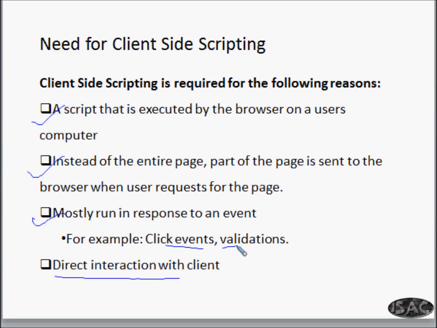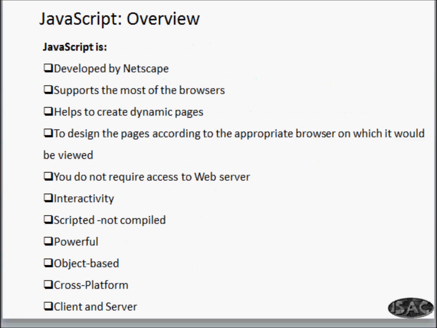So the page has enough code to validate the user's input. These validations we can easily do with JavaScript. And if any events occur on the page, they can also be controlled by JavaScript, for which we can write the code.